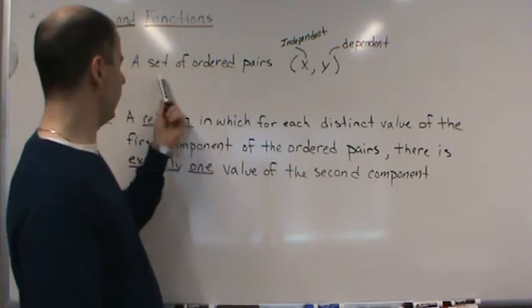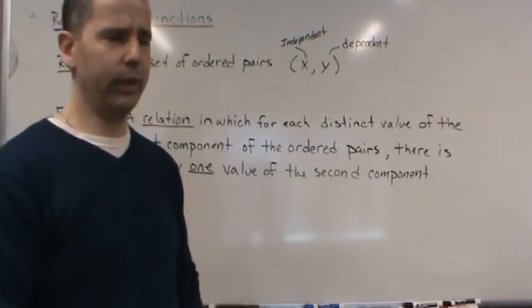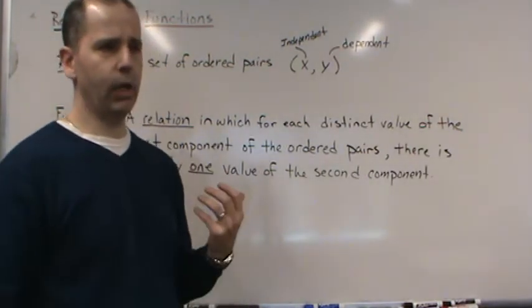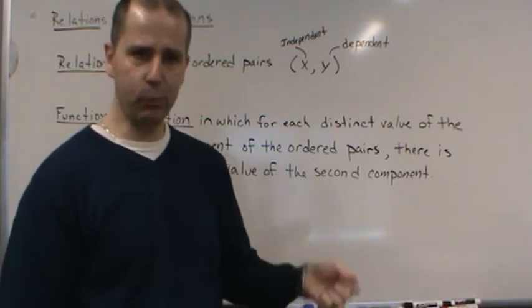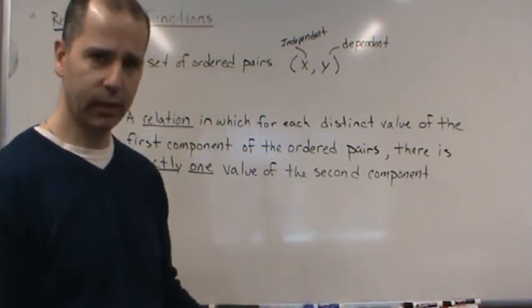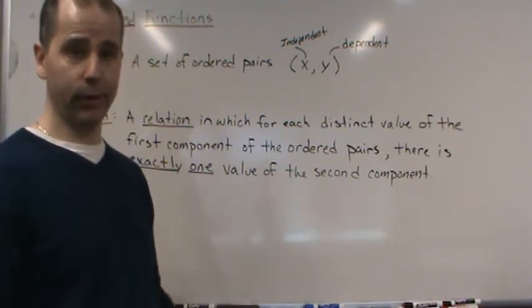Now, what kind of relation could we have? Well, there are all kinds of different relations. We could have the volume of gasoline that you pump into your car in gallons, and we could relate that to the amount of money you pay. That would be a relation, right?